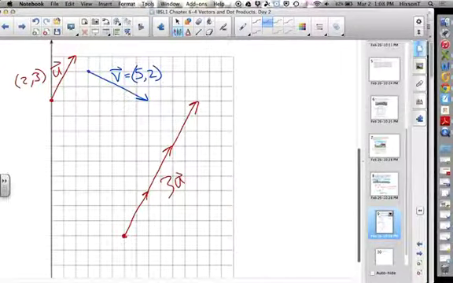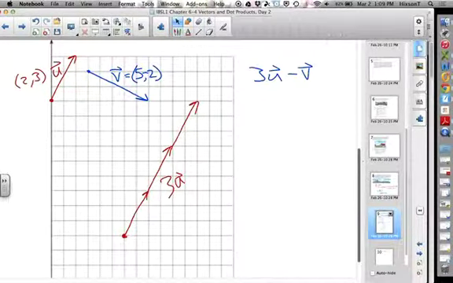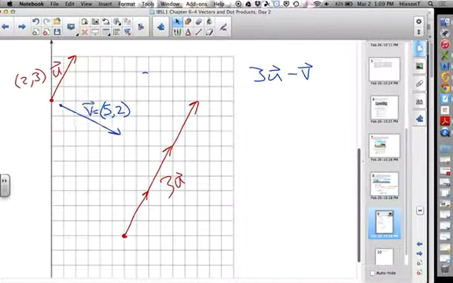Now, the key here is getting that minus v, because you were asked to find 3u minus v. When you do minus v, you need to go in the opposite direction, both horizontally and vertically. So instead of going to the right, I'm going to go to the left, and instead of going down, I'm going to go up. I'm going to move this over here.